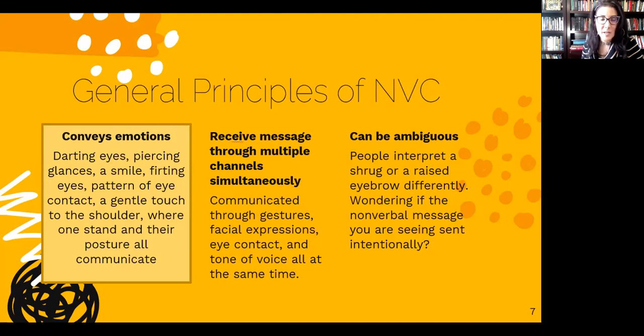And our communication can be ambiguous. People interrupt, or a shrug or a raised eyebrow, all of those things can be interpreted differently. So we have to be aware that not everybody is going to have the same meaning about a certain raised eyebrow or a certain eye roll or something like that.